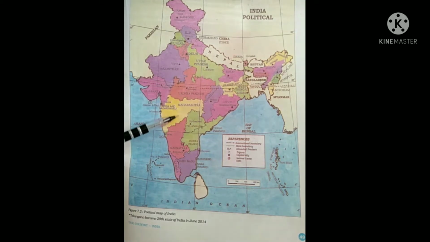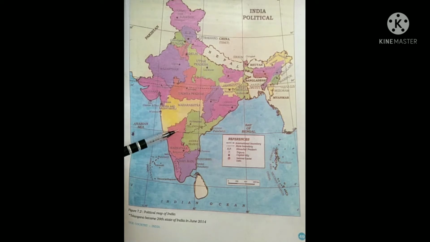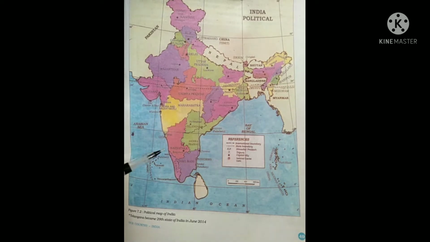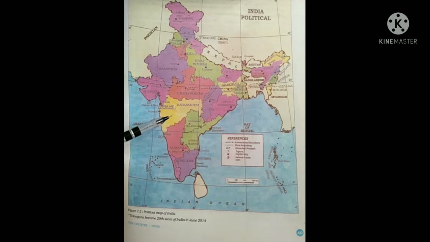So these are all the 29 states of our country. And again we can divide them into districts and then talukas. So this is about our country.